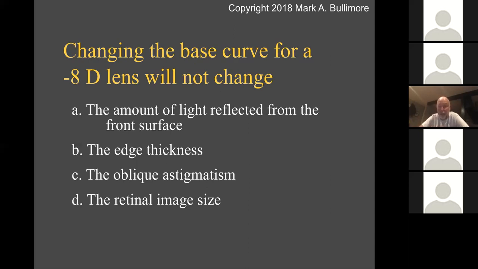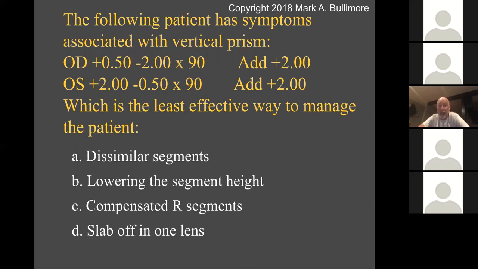I'd probably remember that formula. Okay, n-1 divided by n plus 1 all squared. 4% for a CR39 lens, a higher percentage for a high index lens. That's why we need coatings.